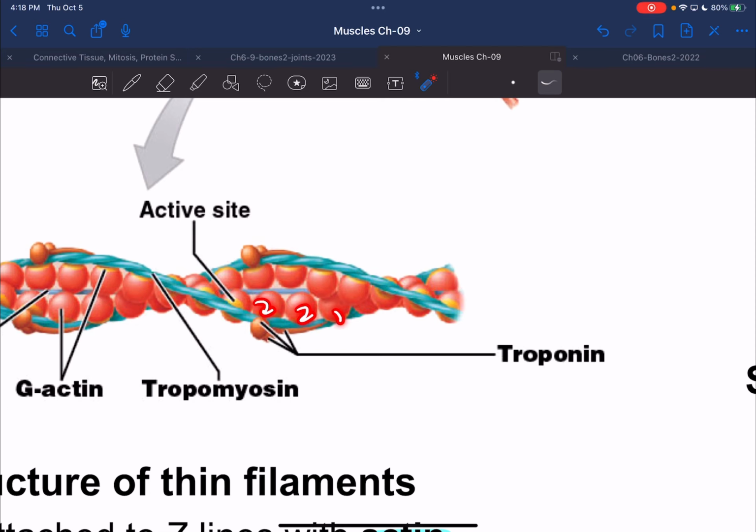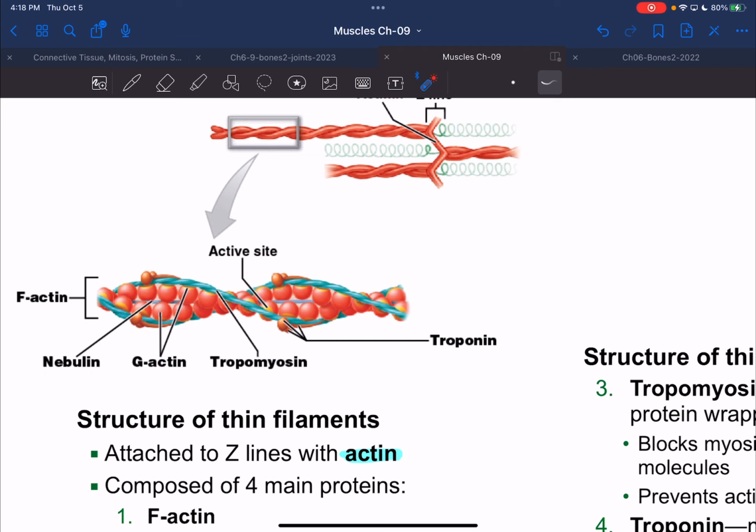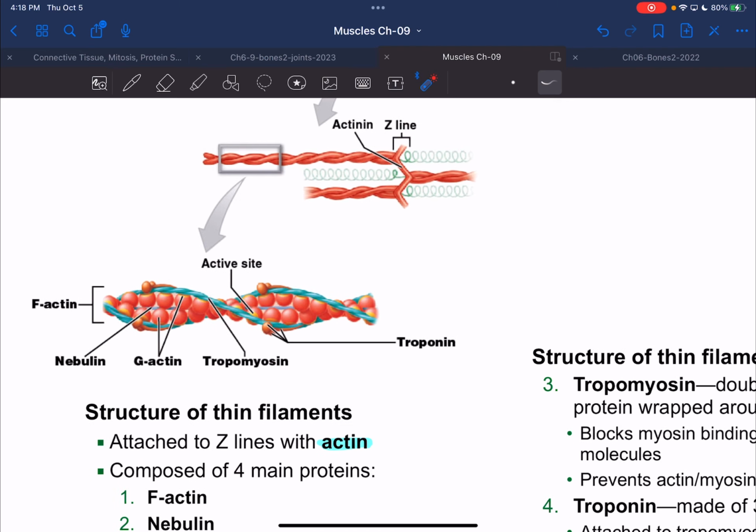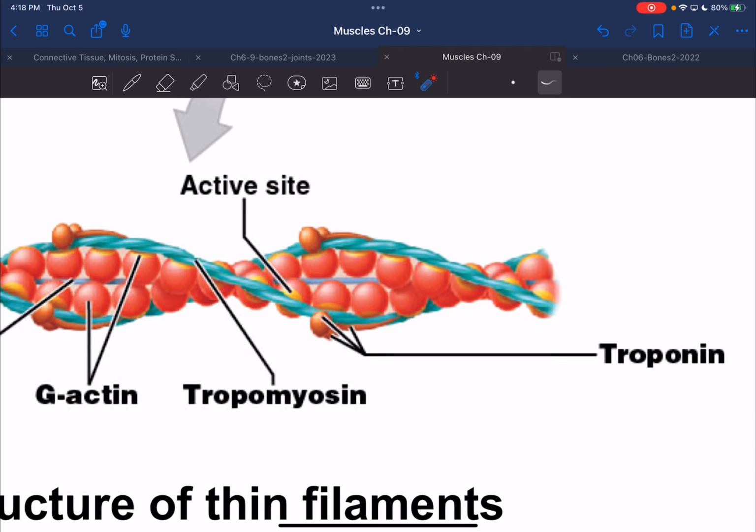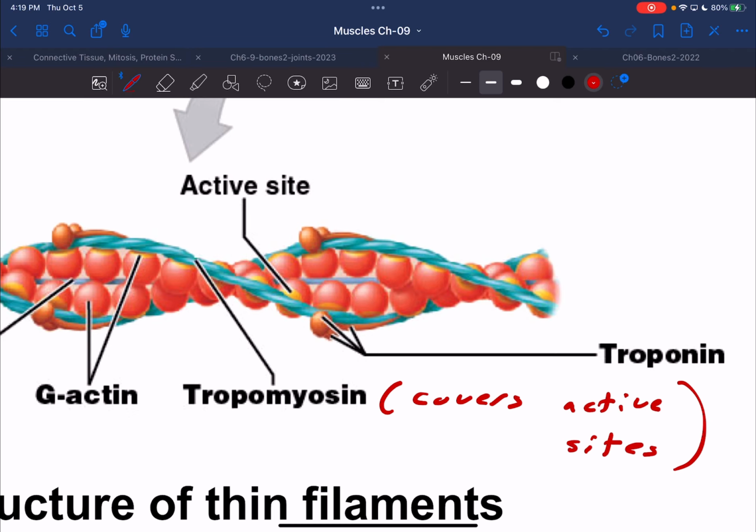Those little active sites are covered by another protein, and the protein that covers those active sites is referred to as tropomyosin. It covers the active sites.